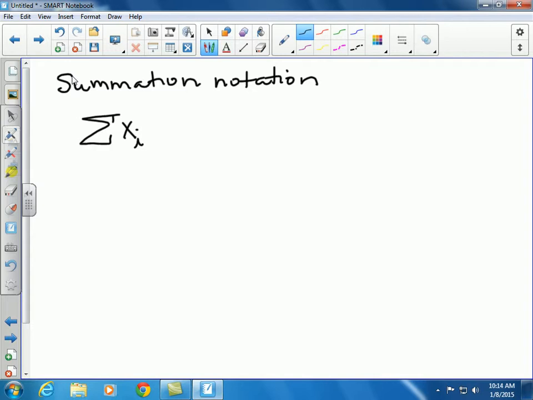Okay, so if you have data, and I'm going to do an example here. Let's say you are finding out the number of hours your classmates slept. So, number of hours of sleep.